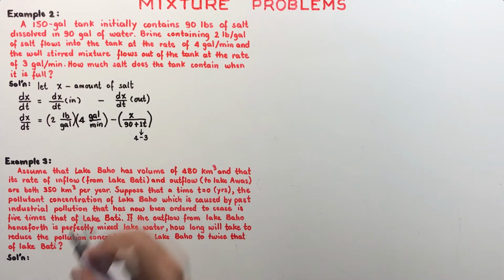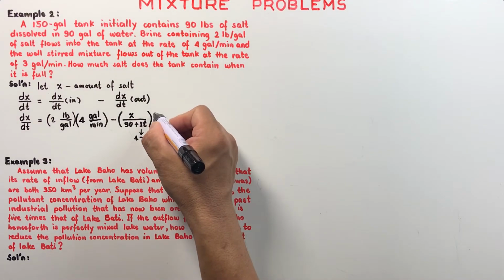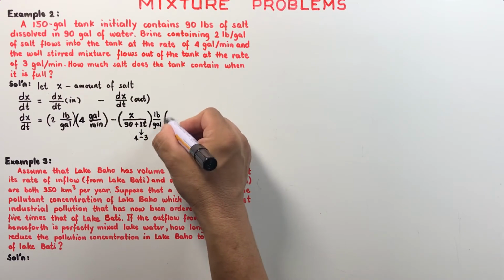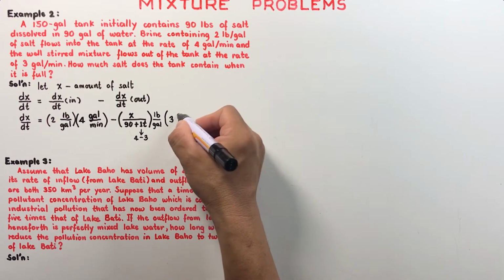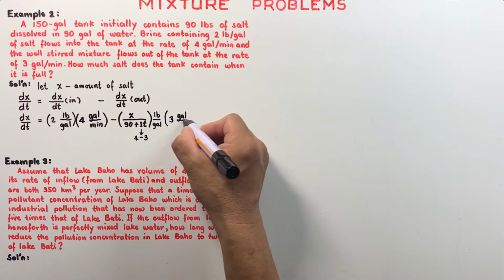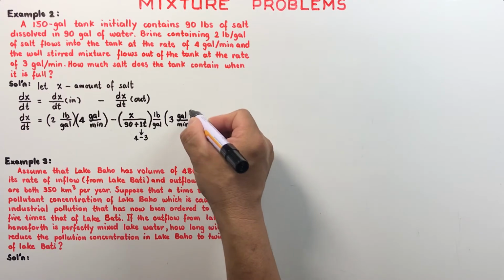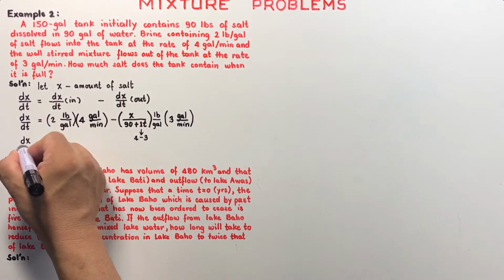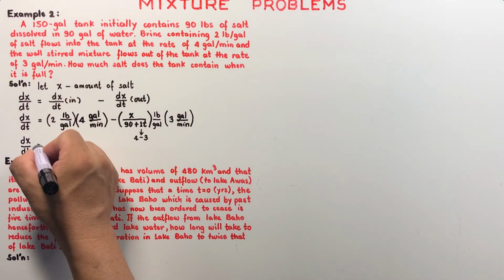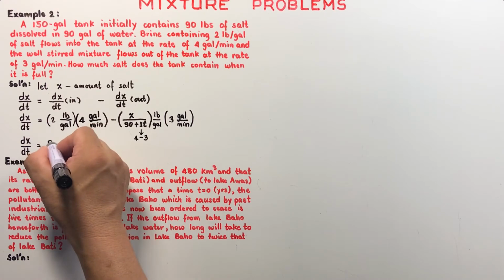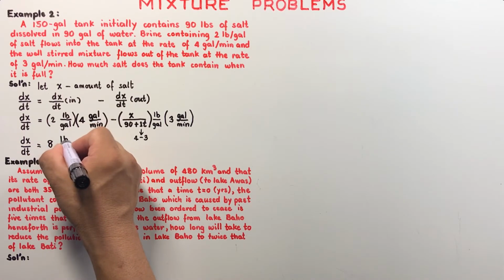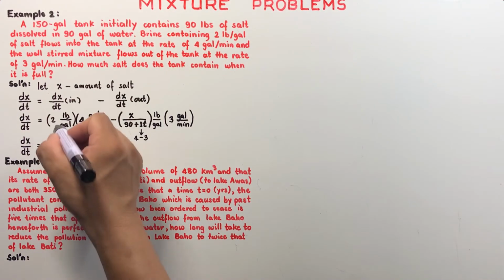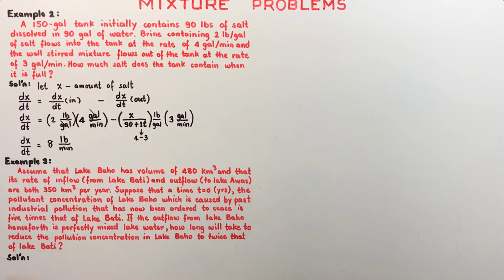The unit of measurement here is pounds per gallon, and this will be multiplied by the rate of outflow, which is 3 gallons per minute. So we have dx/dt equal to 2 times 4, which is 8 pounds per minute, because the gallons will cancel.